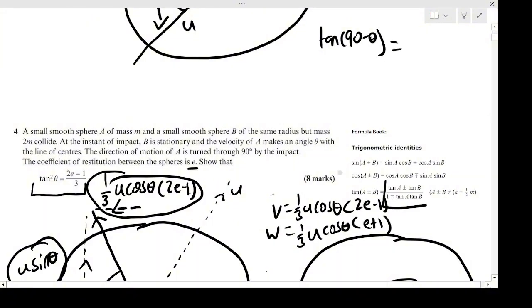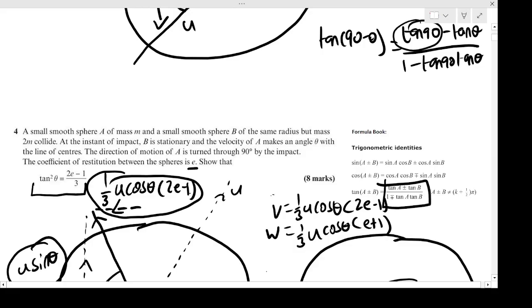That's going to be tan 90 take away tan theta over 1 minus tan 90 tan theta. Now, you can see the issue here. If I was to use the tan compound angle formula directly, I'm going to need to find tan 90, which is undefined. So I can't use that formula directly.